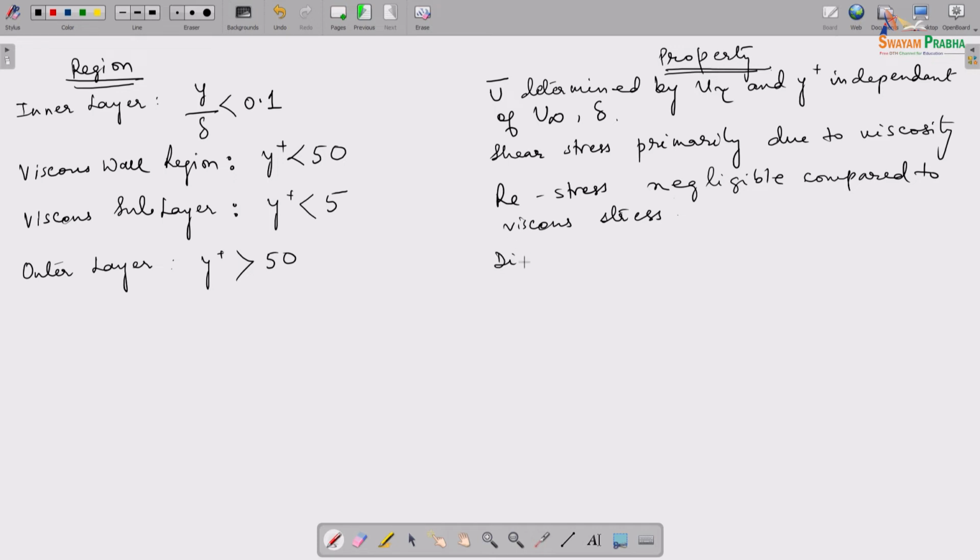So here essentially the direct effect of viscosity is negligible.